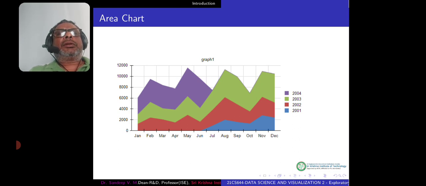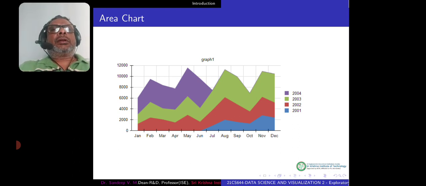So overall, it tries to give the total. In this case, we are talking about January to December. That means 1 year. So if you just look at the overall area of the color, that will tell us annual values for that particular data.